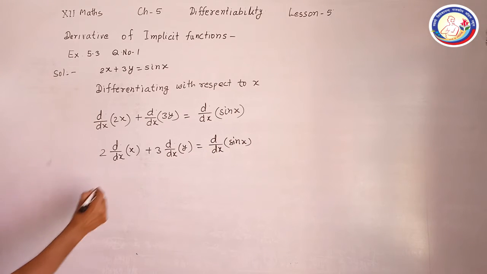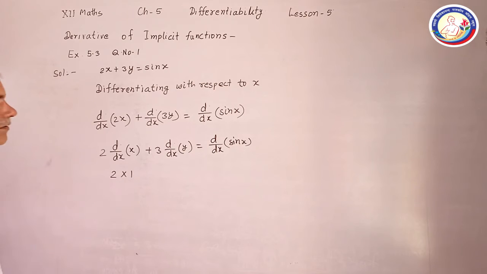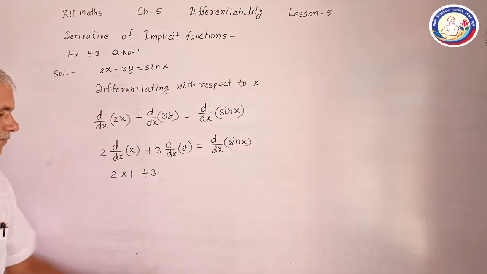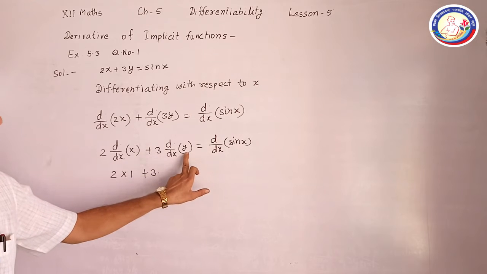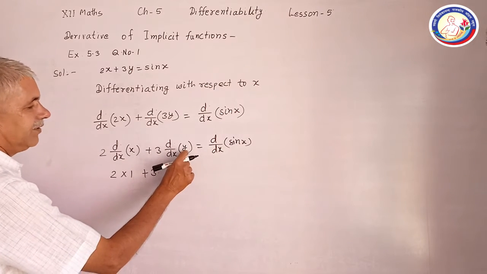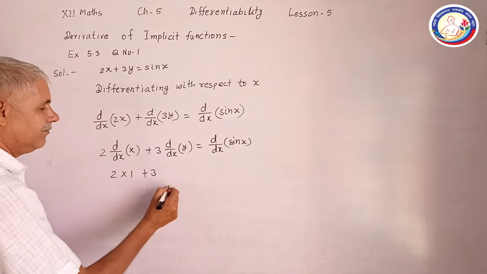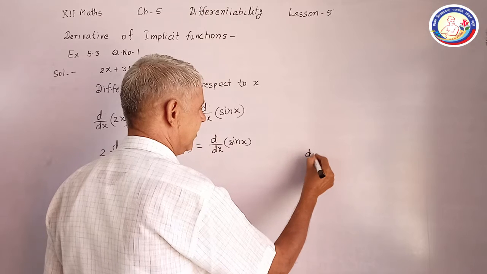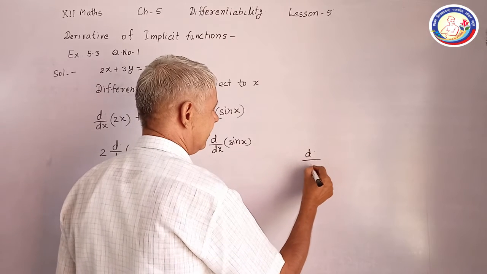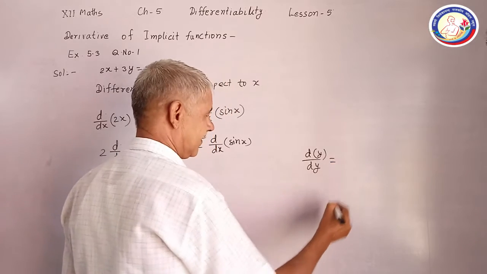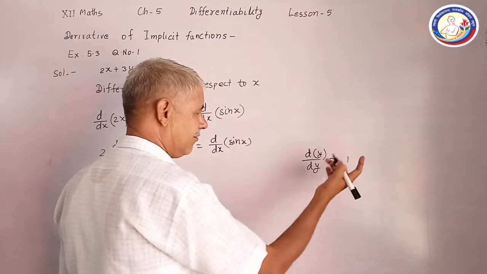So here it will be 1 plus 3, differentiate y with respect to y. Well, first of all, if we differentiate y with respect to y, it will be 1, because d by dy of y will be 1. How?